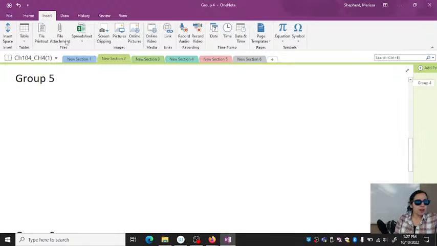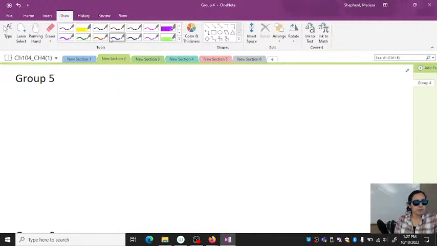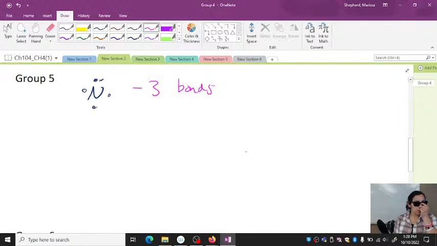So then group 5, we draw our Lewis dot structure. How many bonds do we say they like to make again? 3. So they want to make 3 bonds. There are lone pairs of electrons. And so that's what they do.